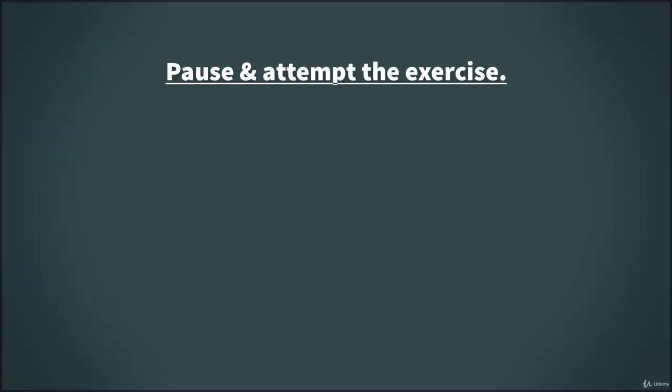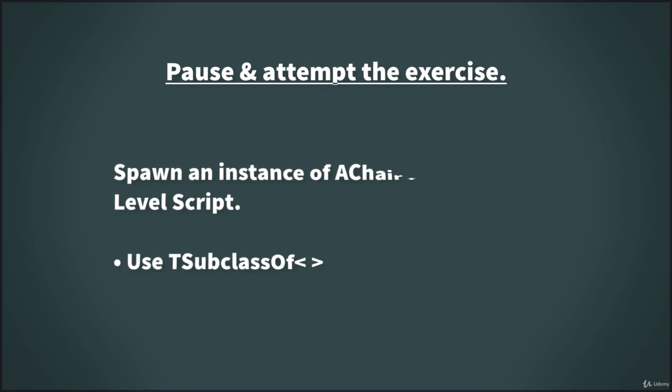There's actually a couple more things that I wanted to show you in this video, but it's getting a bit long. So what I want you to do at this point is to go and create a level script actor, and then try and spawn an instance of our chair class into the world, as we have done in this video. You can use the TSubclassOf.